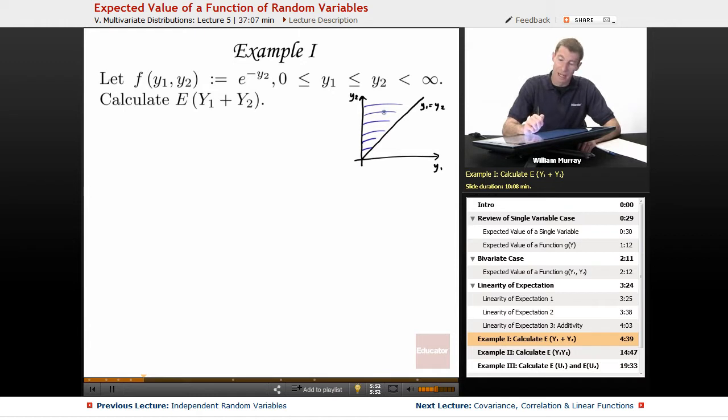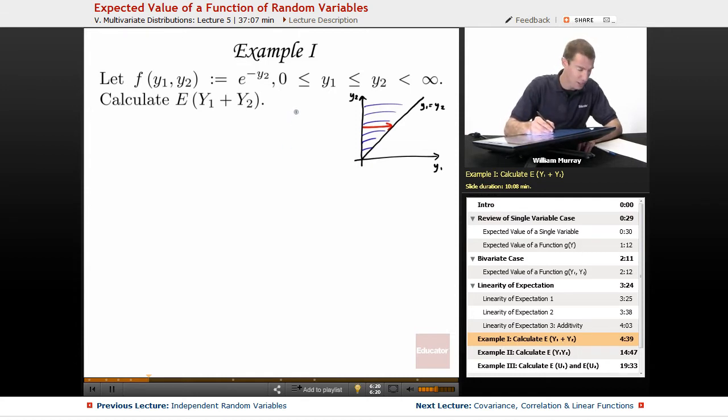And I want to describe that region because I'm going to be setting up a double integral to calculate this expected value. It looks to me like it's easiest to describe it, let me draw this in red, listing my y2 first and then my y1 in terms of y2. The point of that is that I'll have one more zero to deal with when I set up my limit, so that'll make things a little bit easier.